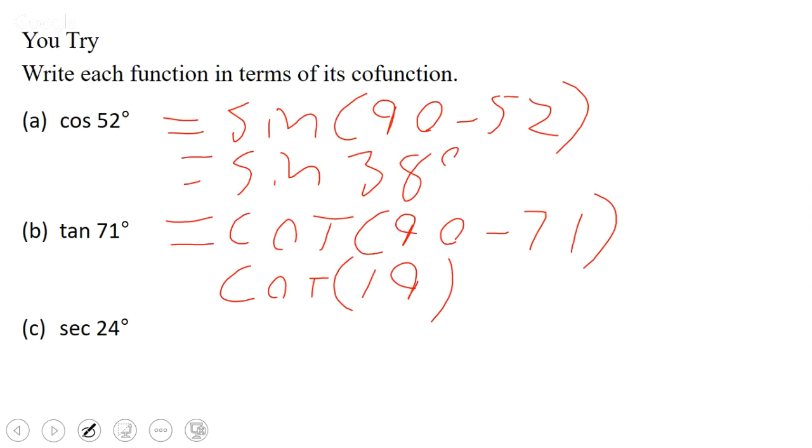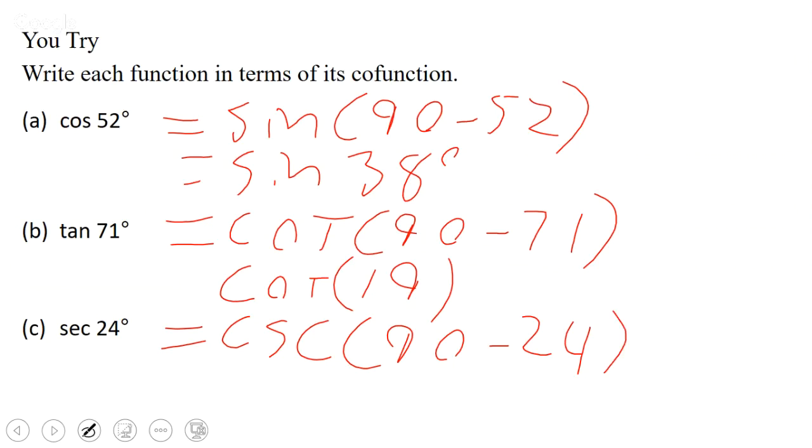Well, secant's cofunction is cosecant. So we have 24 degrees, so 90 minus 24, which is 66. So secant's cofunction is cosecant.